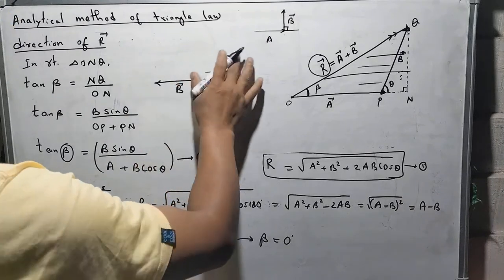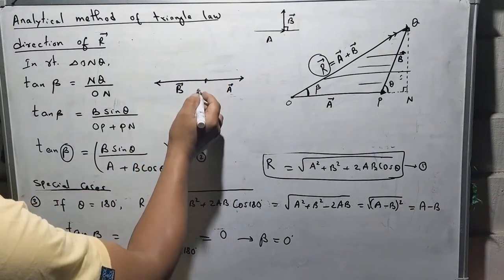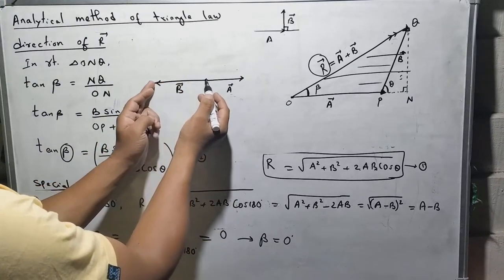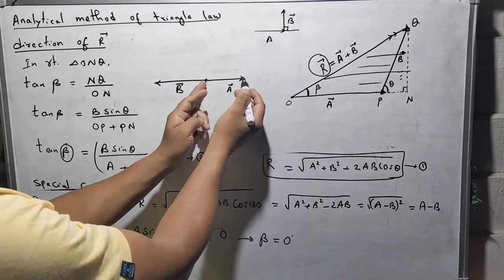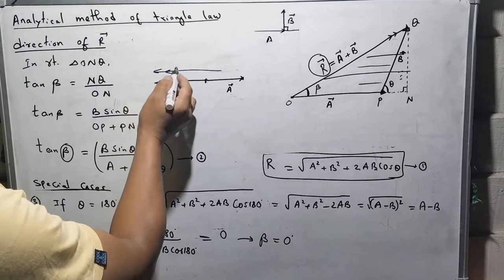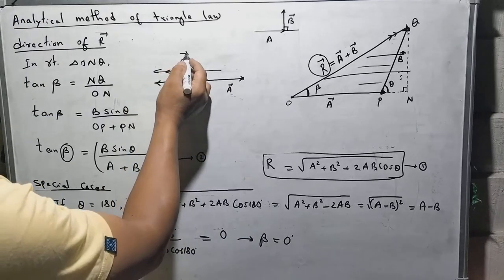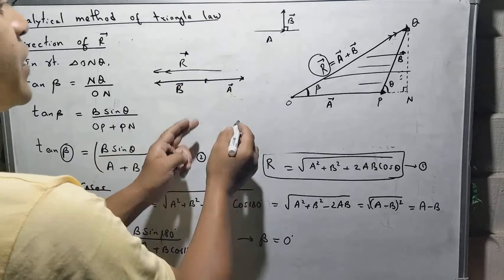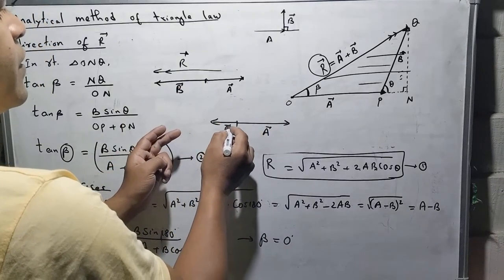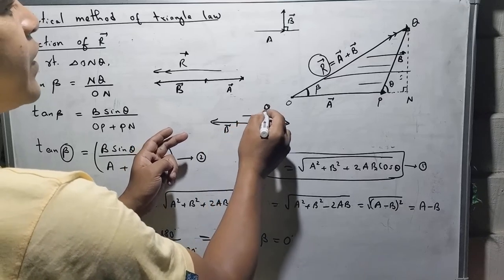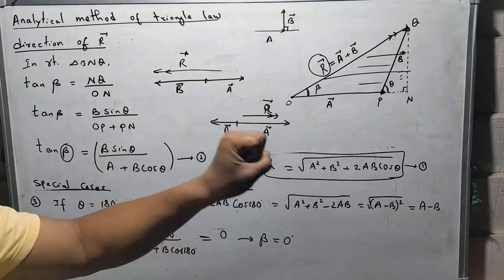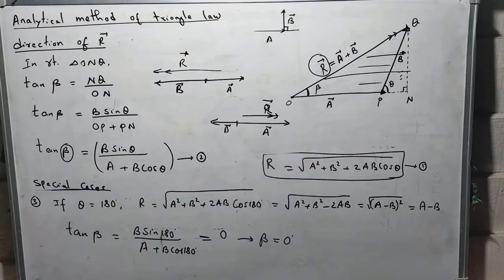Like in this case, as you can see in the magnitude, this vector B has more magnitude than vector A. So the resultant vector should be acting along the direction of the greater vector. But if vector A has more magnitude than vector B, then the resultant vector will be acting along vector A in this case. Alright, so don't get confused. The resultant vector should always act in the direction of the greater vector.